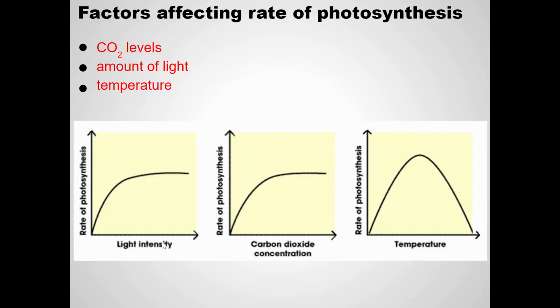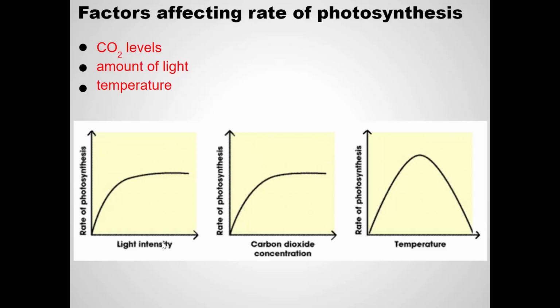So if we imagine light intensity, if there's no light present, how much photosynthesis is going to happen? None. As the intensity of the light increases, photosynthesis increases, but it gets to a certain point, and any additional light doesn't actually speed it up anymore. It's almost saturated. All of those photosystems have the maximum amount of light. They can't really work any faster. So eventually, photosynthesis levels off.